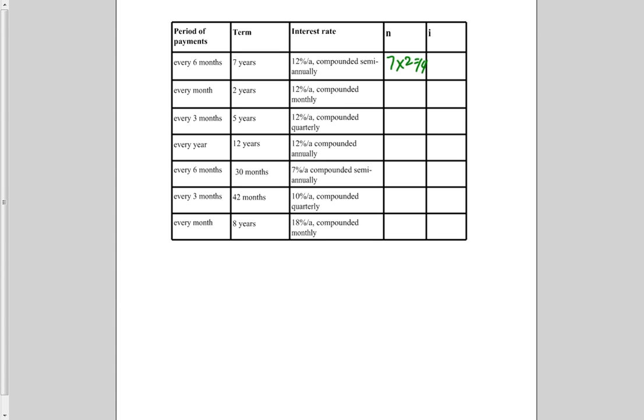Notice that these two things match. If you have 12% a year, you would divide that by 2, would be 0.06 twice a year. Every month for 2 years is going to be 2 times 12 times a year is going to be 24.